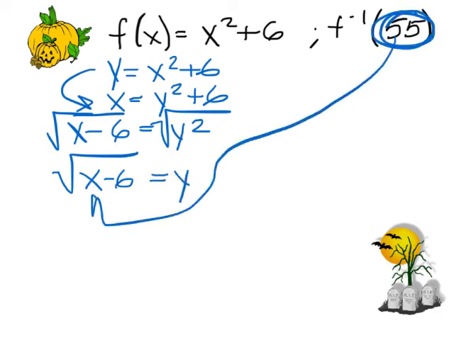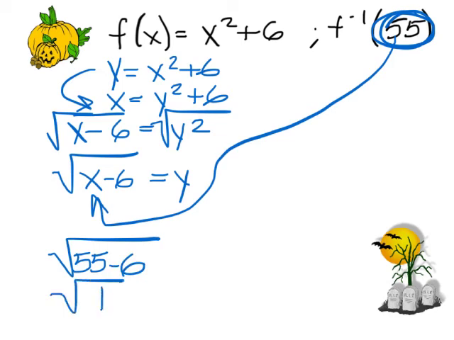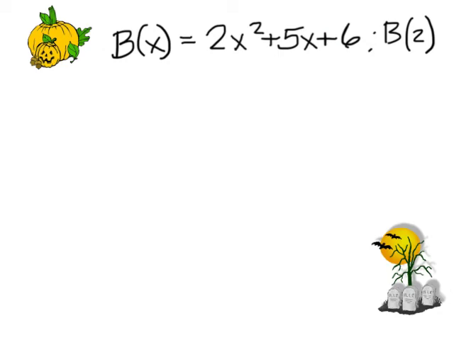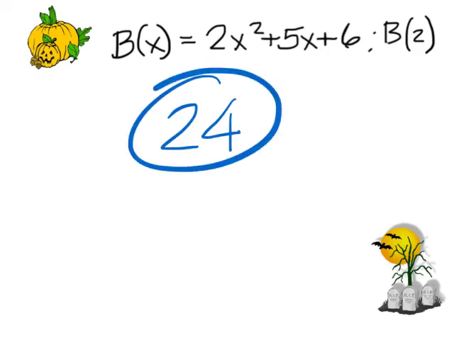Now plug in 55 for x. Square root of 55 minus 6 is the square root of 49, and that comes down to be 7. Answer to the bonus should be 24.